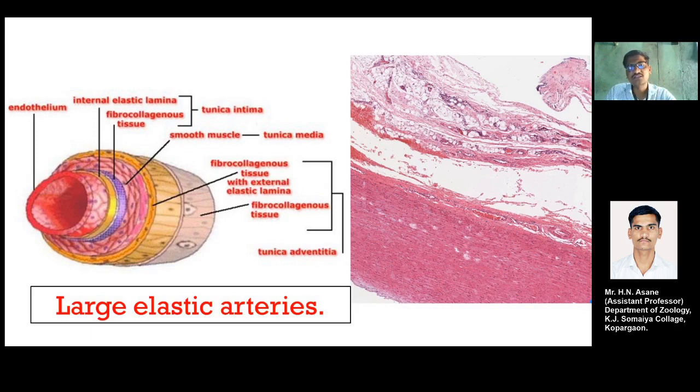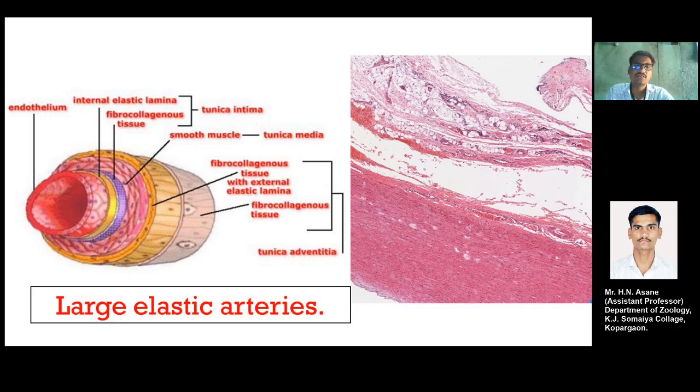As you can see in the picture, this side of the artery is well laminated, and this is the histological slide of the large elastic artery. You will see the lumen in between the two stained parts of that picture, which is where your blood is going to pass.